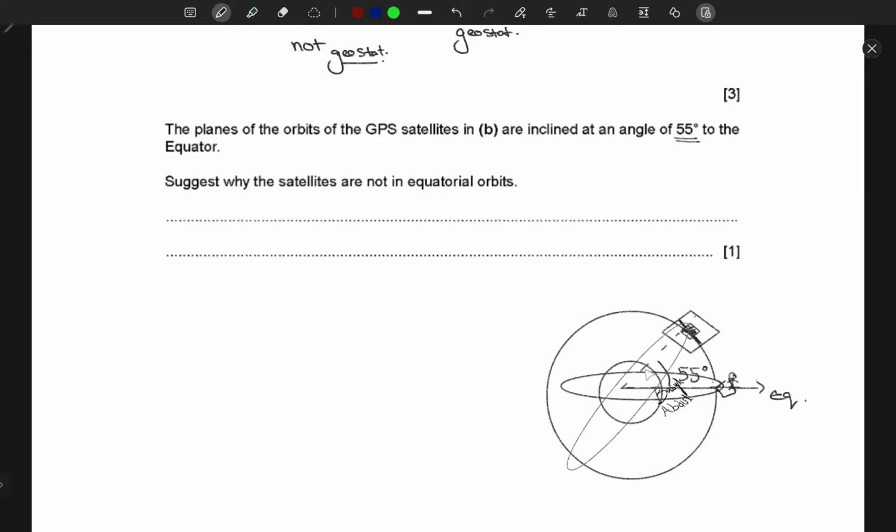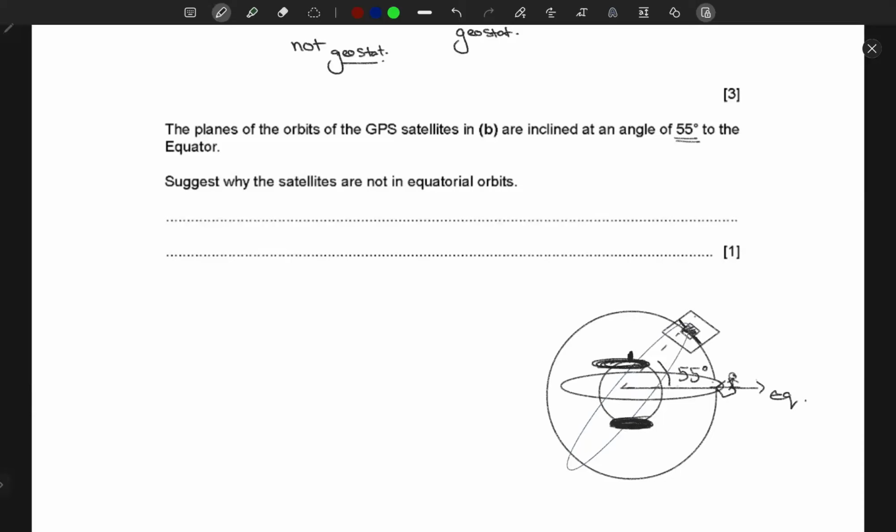Now, if the satellite is in this orbit, then it cannot see what's happening at the top point of the surface, and it may also not be able to see what's happening at this point. But if it's in this orbit, which is inclined at some angle, then it can cover every part. It will cover what is happening at the poles, on these sides and everywhere, and it can also cover the south pole.